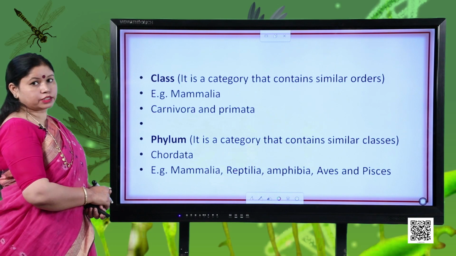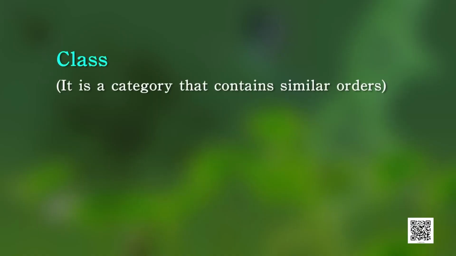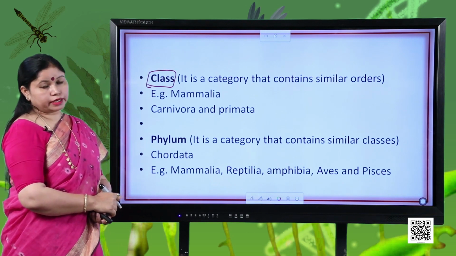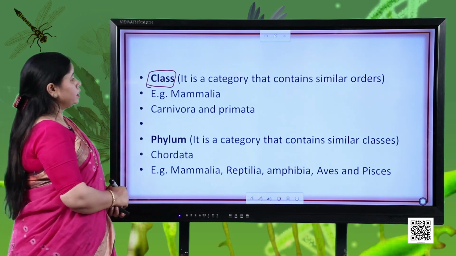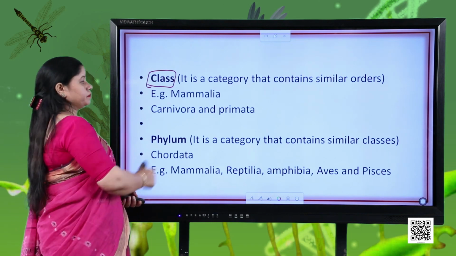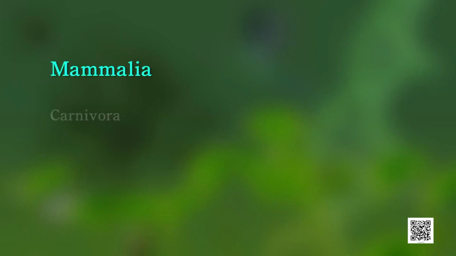Moving towards the next taxonomic category, class. Class is a category, you can say rank, you can say taxon. It contains similar orders. For example, class Mammalia contains order Carnivora and Primata. There are more orders also included in this Mammalia.